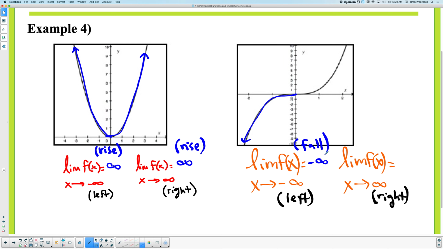That's what happens to y as the x increases without bound. As you move to the right, this graph rises to infinity. Good. Oops. Shouldn't have said rises. We'll keep it the same. I'll just say rise. It rises. There you go. So that's end behavior.